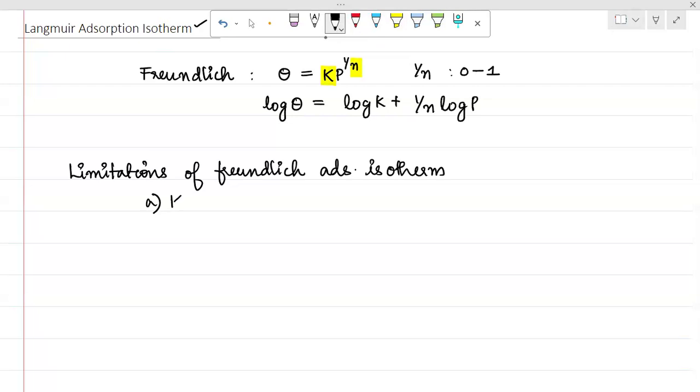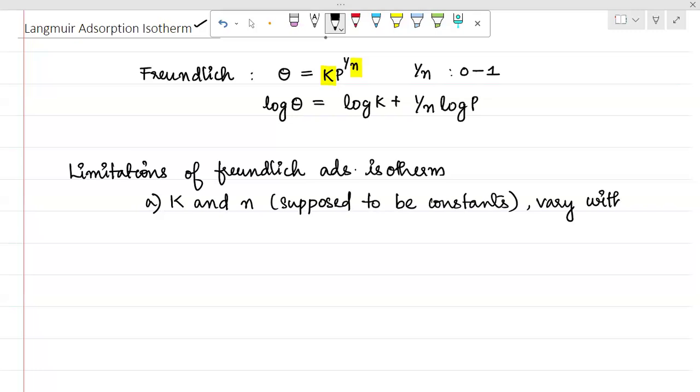So the first limitation was K and N, supposed to be constants, vary with temperature. At different temperatures, they found that the values of K and N, the Freundlich constants, were different. That is one thing.